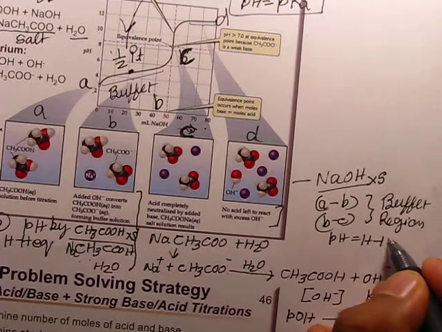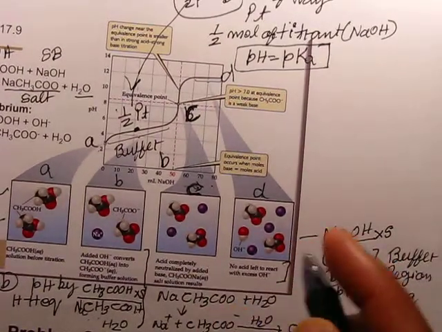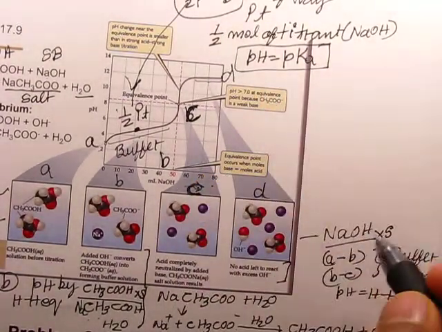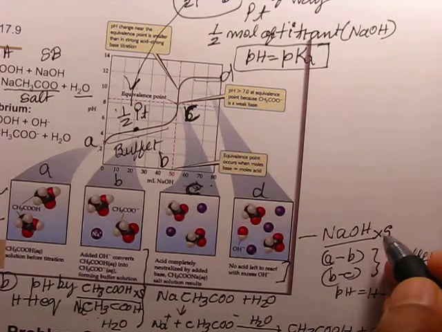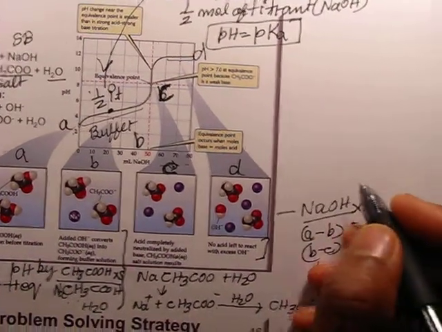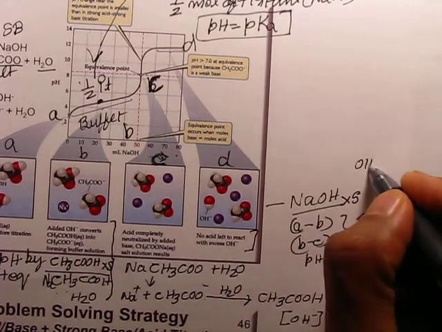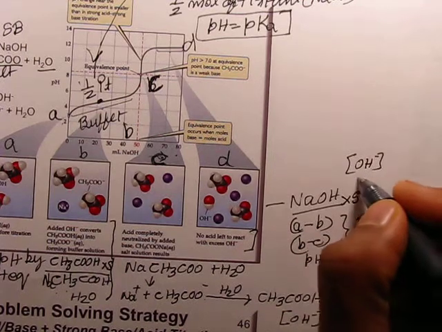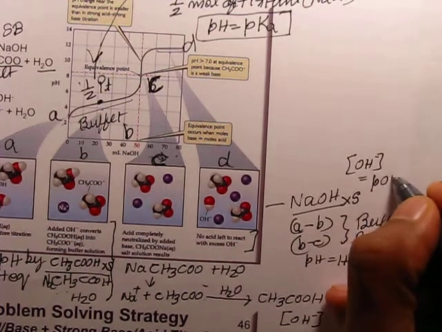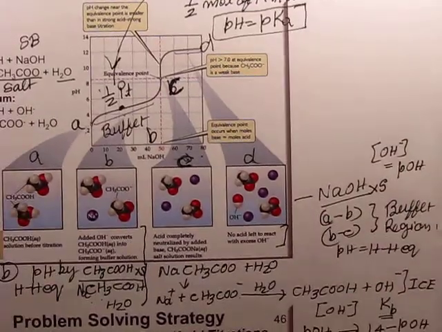At point D, we have to find how much excess NaOH there is. Once we know the excess NaOH, we take the negative log of the hydroxide ion concentration to get the pOH. Once we know the pOH, we subtract it from 14 to get the pH.